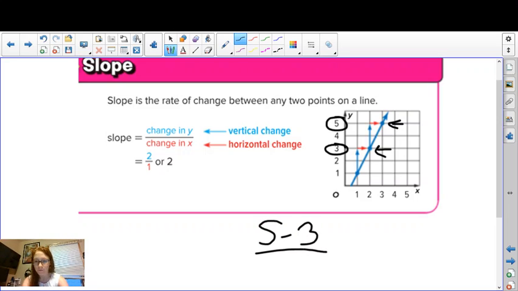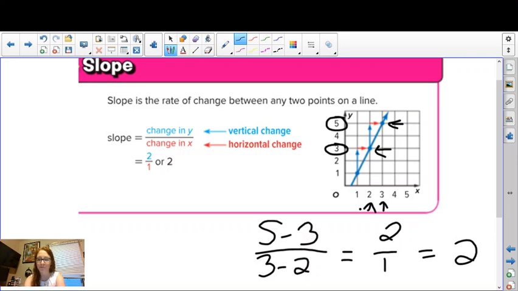And then I have to take the corresponding x pieces. Now, if you notice, this first point up here corresponds with the x coordinate of 3, and this guy corresponds with 2. So 5 minus 3 gives me 2. 3 minus 2 gives me 1. 2 divided by 1 is 2.